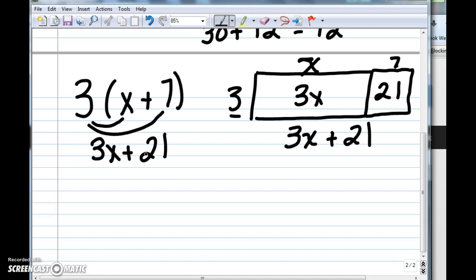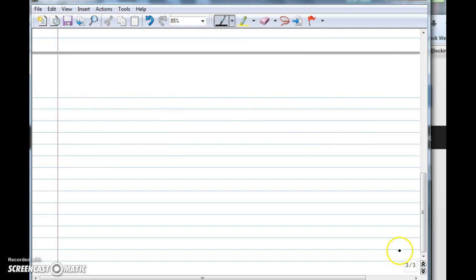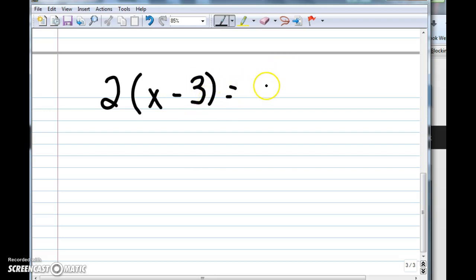So why would we ever use a distributive property? Well, there are some cases when we have to solve an equation. So suppose we had 2 times x minus 3 equals 15.